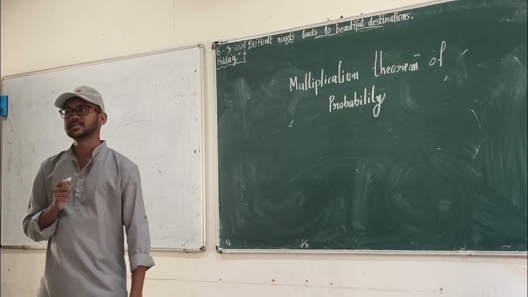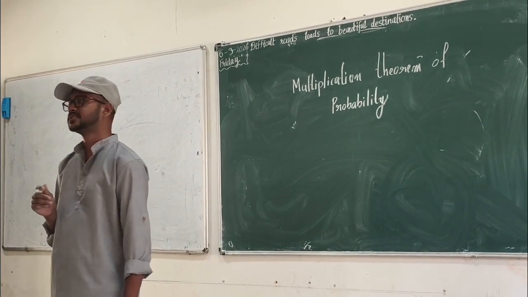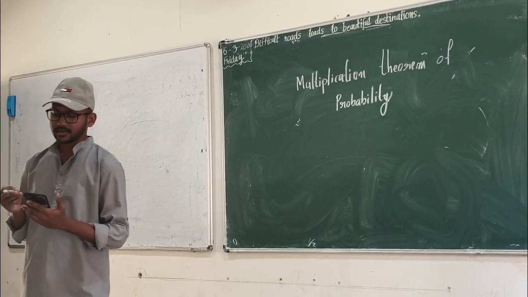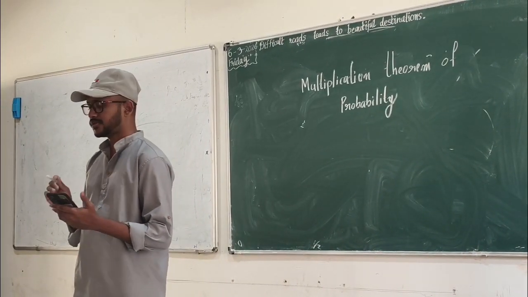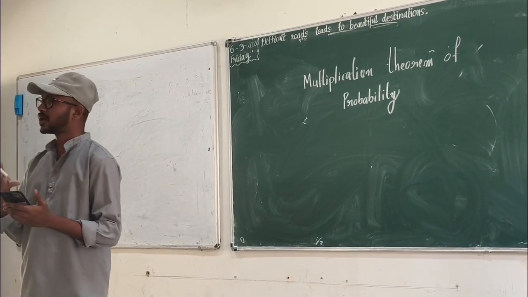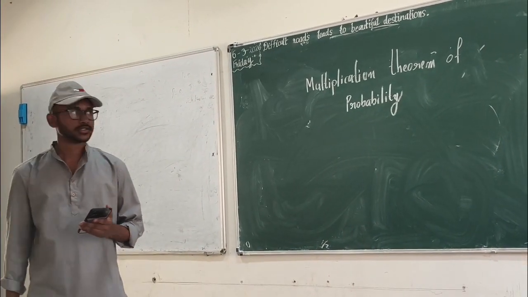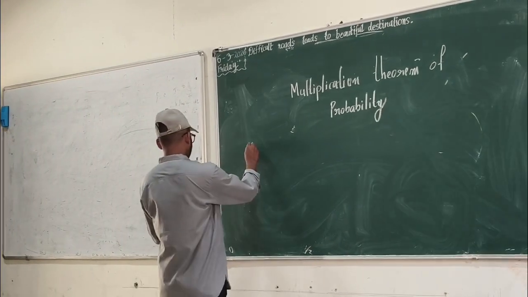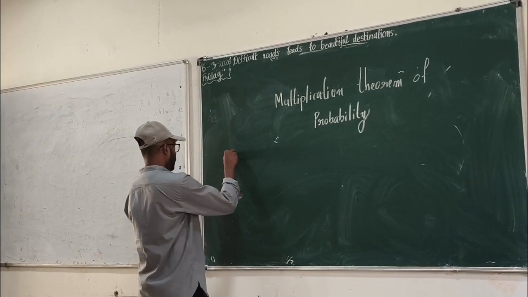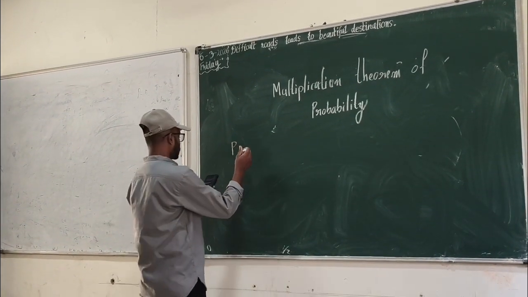This multiplication theorem of probability tells us how to find the probability of 2 or more events happening together. Let's assume this is the probability that events A and B happen together.